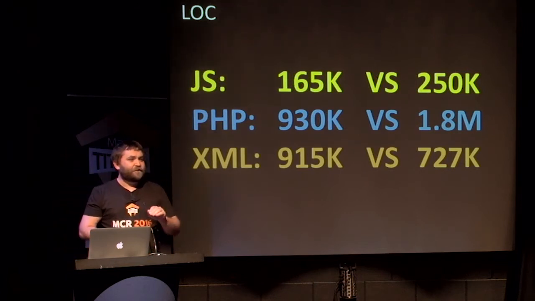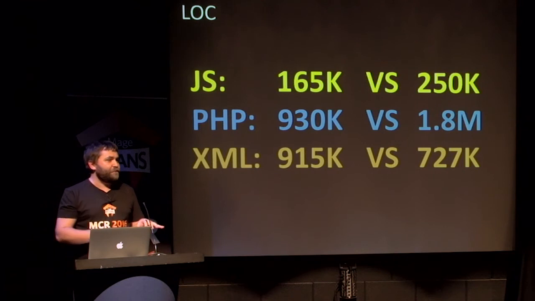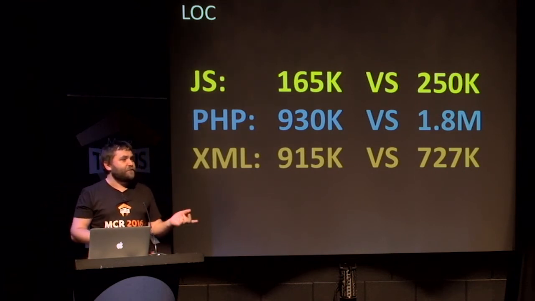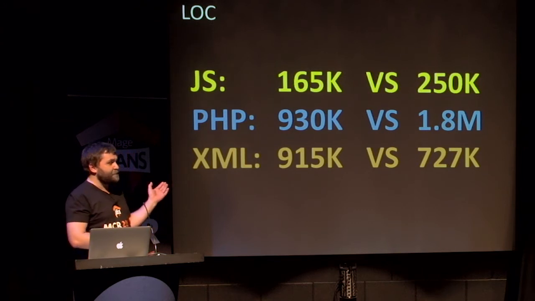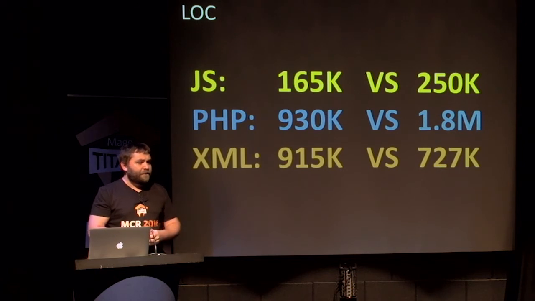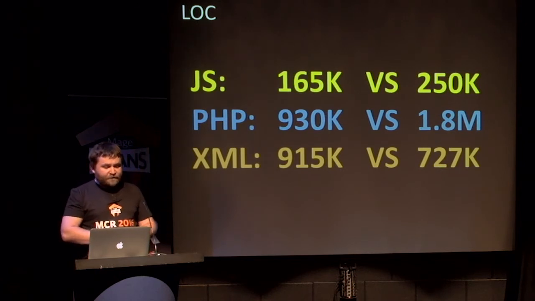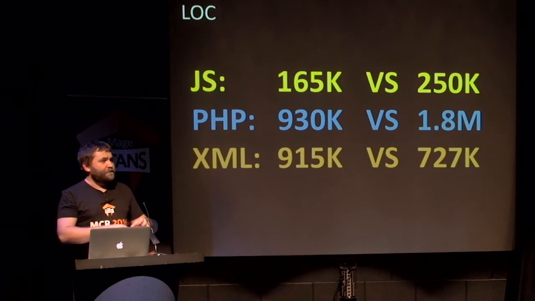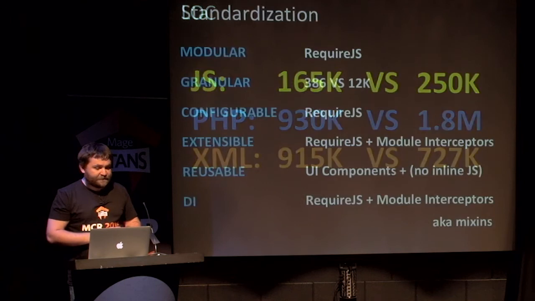So if some of you think that in Magento 2 we overuse XML declarations and definitions, it's just not true. We have fewer lines of code in XML because it's more targeted, without unnecessarily detailed definitions. So in JavaScript, you can observe that the amount of code is decreasing for good reasons.